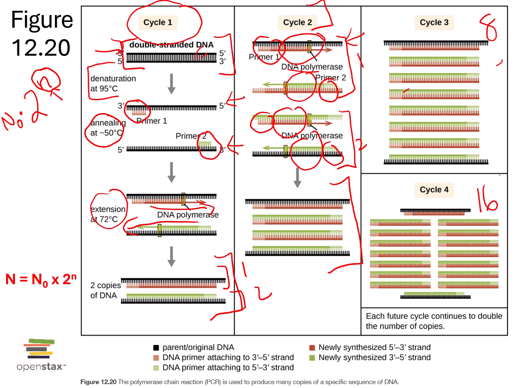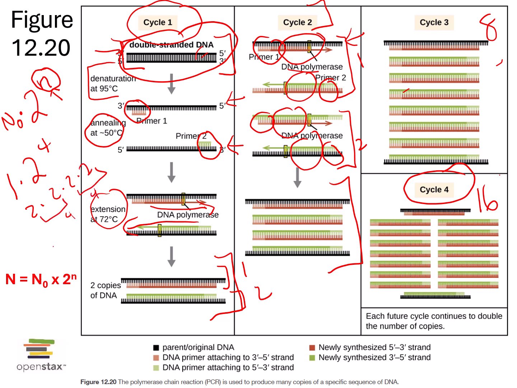So if I started with 1 molecule of DNA at the beginning, and I go through, let's say, 4 cycles, 1 times 2 to the 4th power, 2 times 2 times 2 times 2, that's 4, so 4 times 4, 16, and I only had 1 to start, so at the end, that's why I have 16 here. So the equation is very similar to the growth we've seen before in bacteria, but now we're looking at doubling of DNA using PCR.